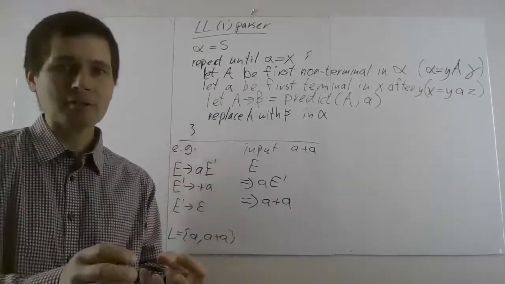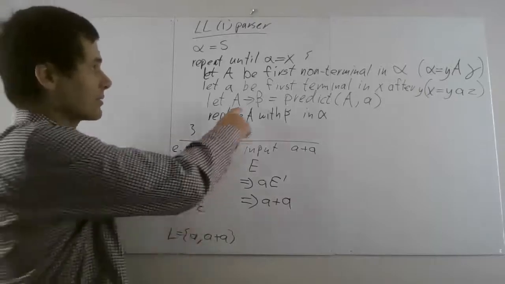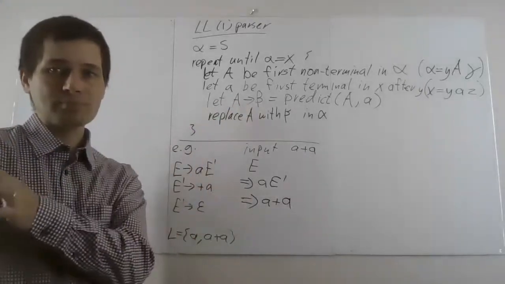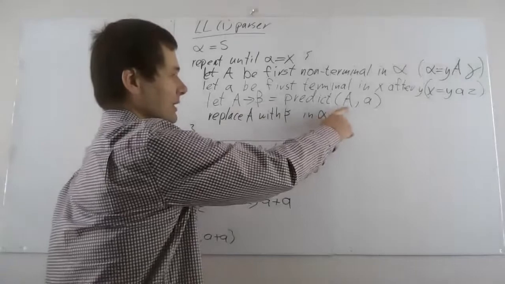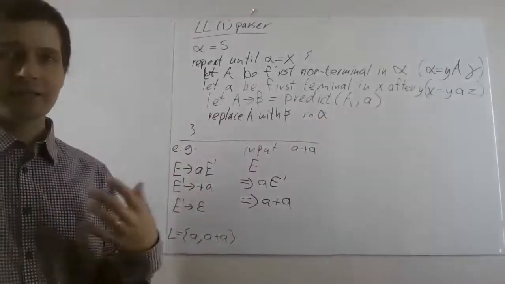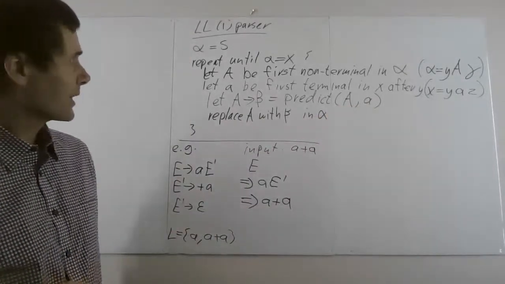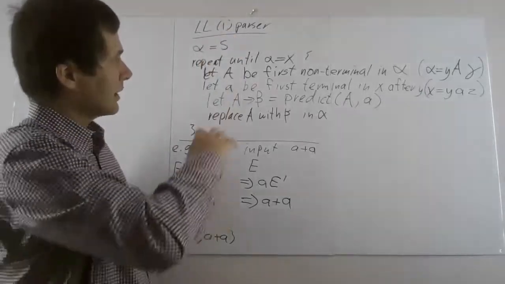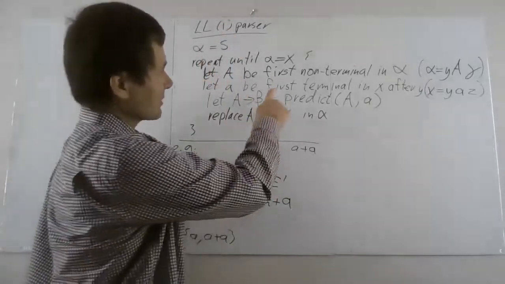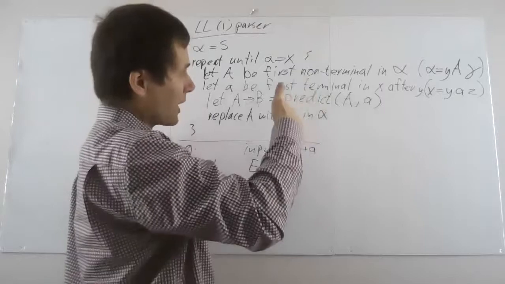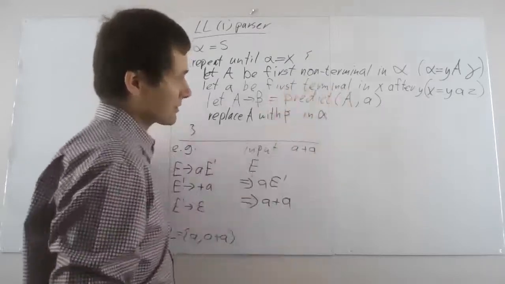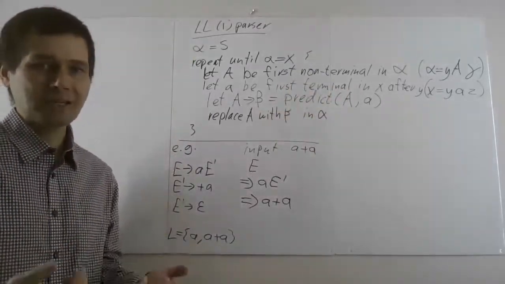If it's possible to decide what the right rule is at each step using only the big A and the little a, then the grammar is LL1. The 1 in LL1 comes from the fact that we use the one upcoming terminal symbol from the input to make this decision.